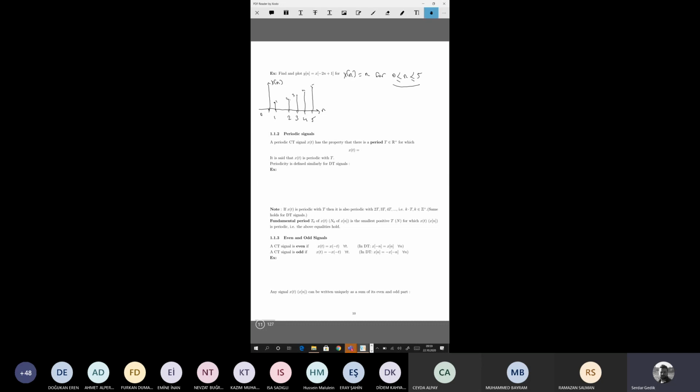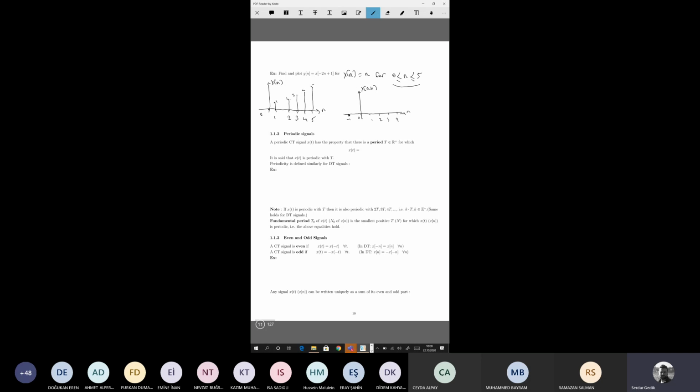So I will find x of minus 2n plus 1. As in the previous case, I will first start with shifting. So I will find x of n plus 1. What is x of n plus 1? Since I have a positive shift, the signal will be shifted to the left. Let's plot this, x of n plus 1. So it will start from minus 1, 0, 1, 2, 3, and 4.